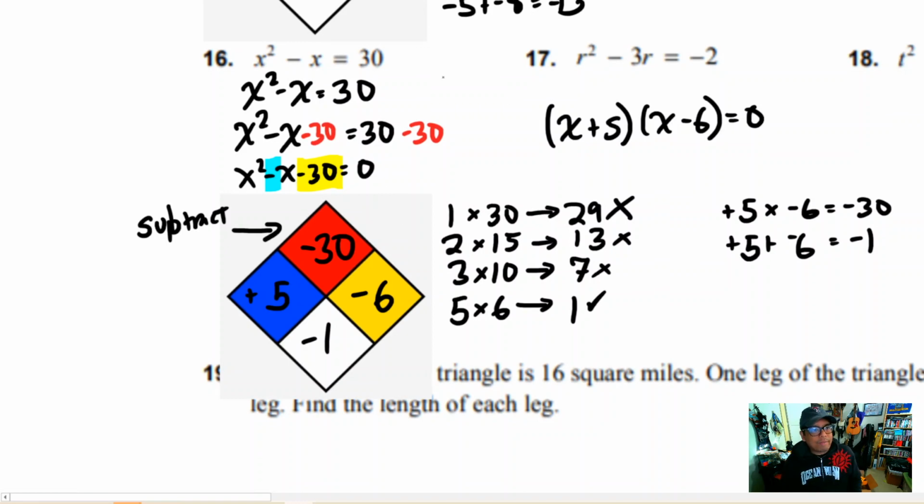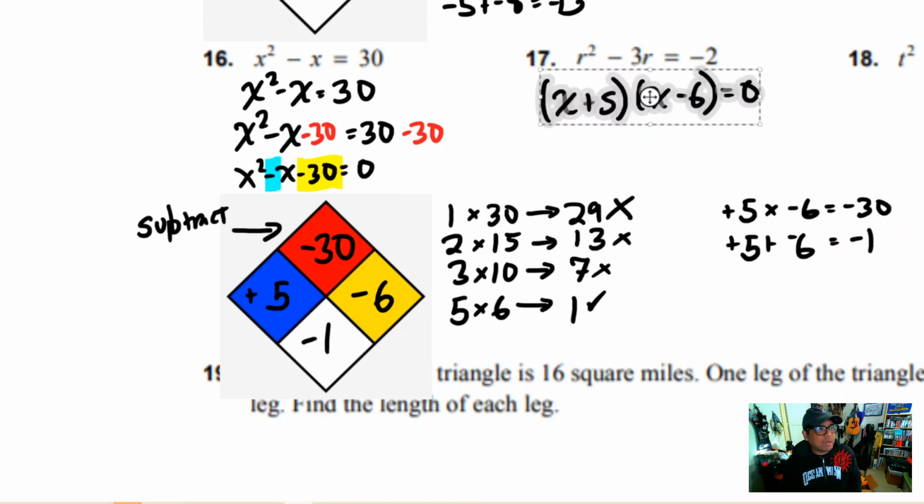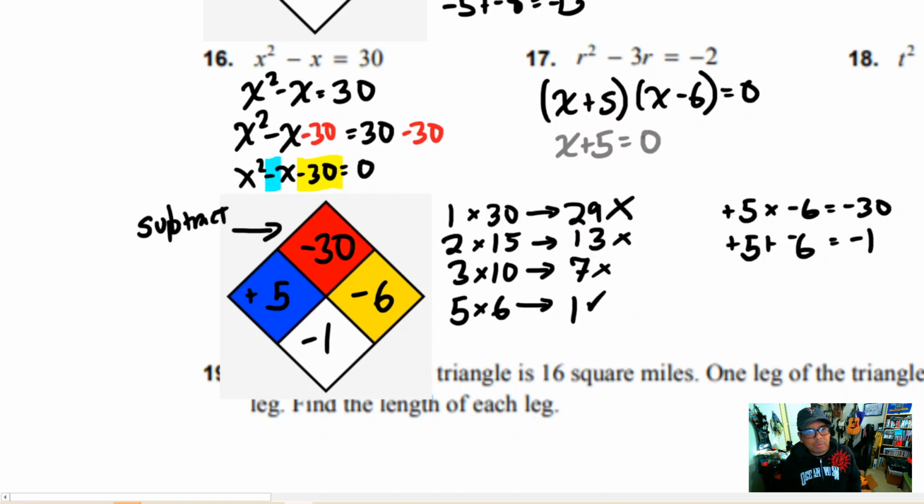Once we have this factored and equal to 0, we're supposed to solve. So in order to solve this, we're going to set each of these factors equal to 0 and solve. So the next step in this already really long problem is we say x plus 5 has to equal 0. And if x plus 5 equals 0, what's x going to be?